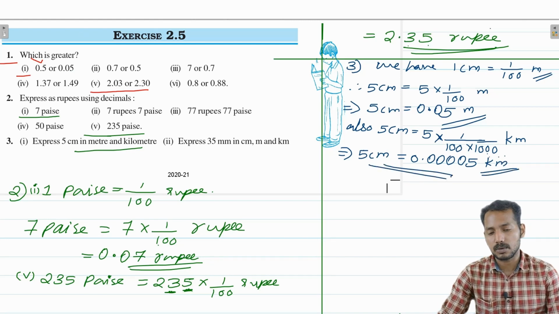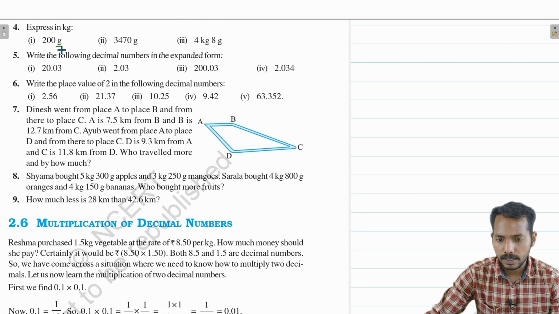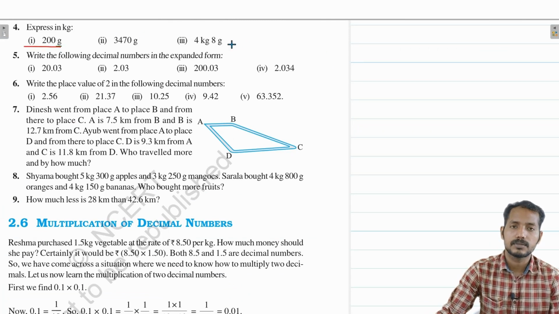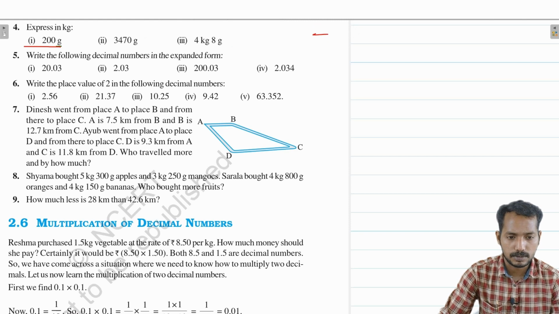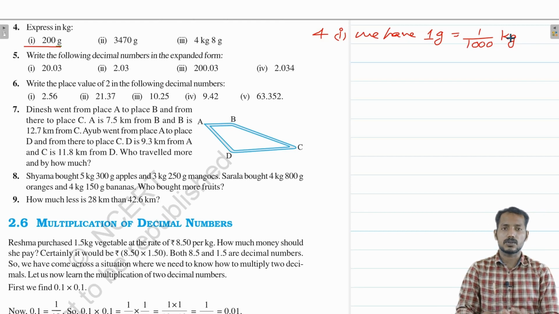Similarly, let's discuss some more questions from this exercise. Question number 4. Express 200 gram in kilogram. Very simple one. Option number 1 I am taking here: 200. We know that 1 gram is equal to 1 by 1000 kilogram, because 1 kilogram is equal to 1000 gram.